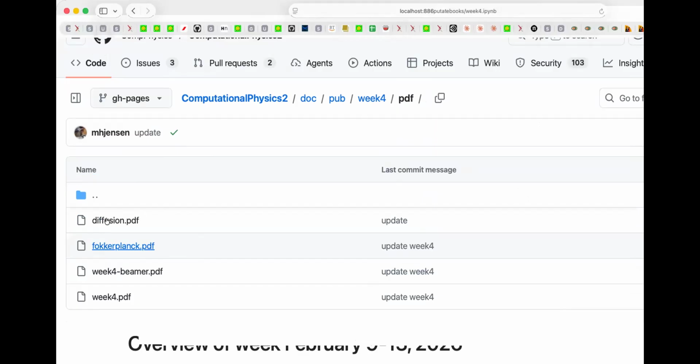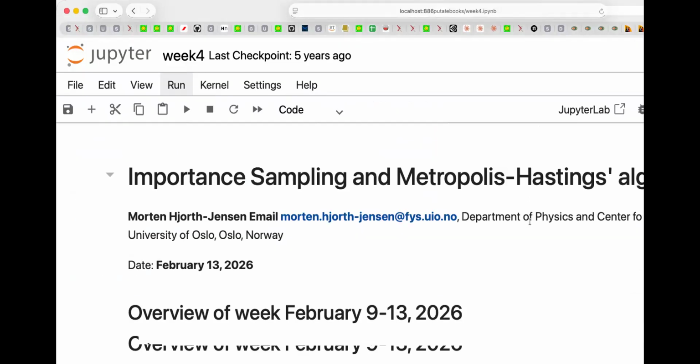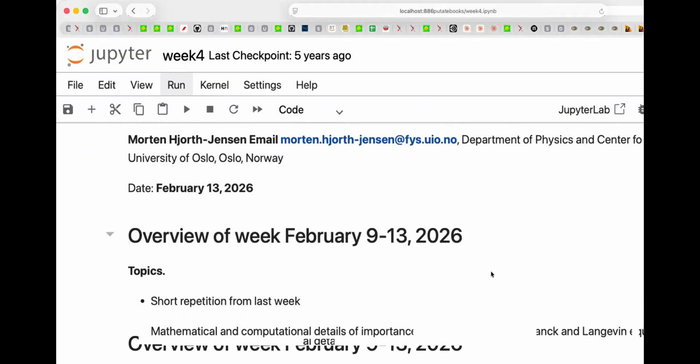There's a file called diffusion PDF. That PDF file contains a lot of the derivations. It gives you some of the background material concerning the mathematics of solving the Fokker-Planck equation and the links to the Langevin equation and where they come from.